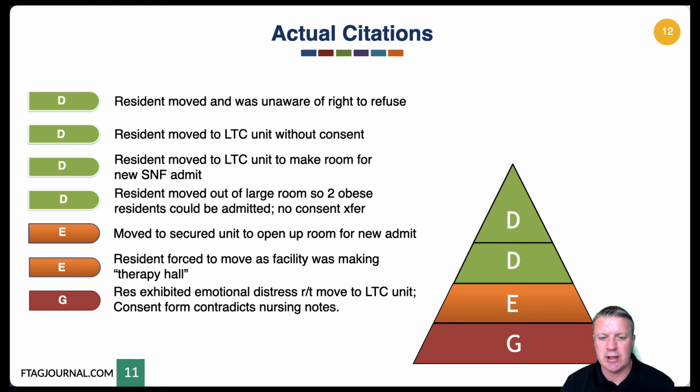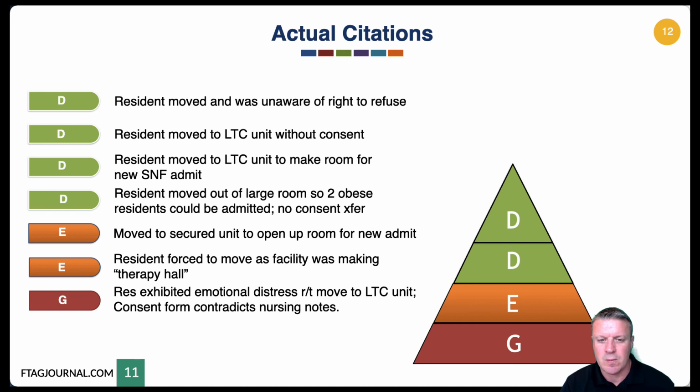And on the G-level citation, the surveyor found that the resident exhibited emotional distress related to a move to the long-term care unit. So as you read through this citation on the 2567, they did have a consent form signed. However, there was a bunch of contradicting nurses' notes that said they were having a great deal of difficulty with the move to the long-term care unit.